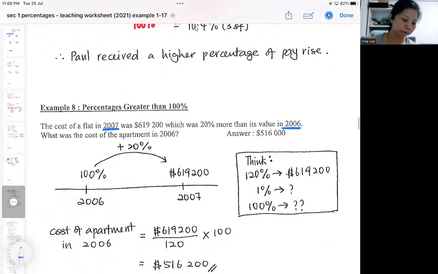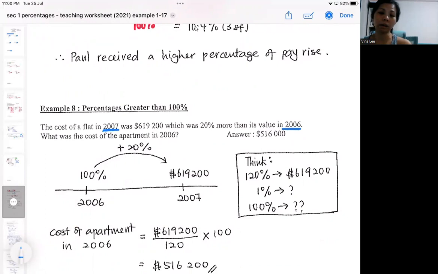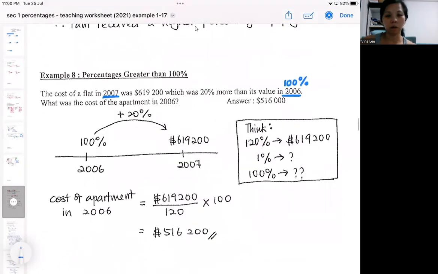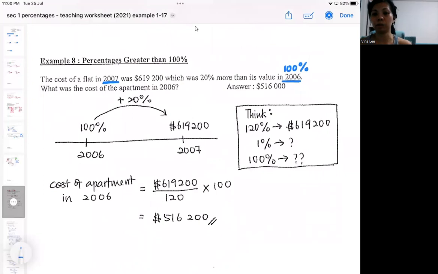So you are comparing the flat in 2007 to 2006. So the one in 2006 will be the 100%. Whichever quantity that you are comparing to, it will be the 100%. So in this case, 2006 is the 100%. And then the next year, there is an increment of 20%.